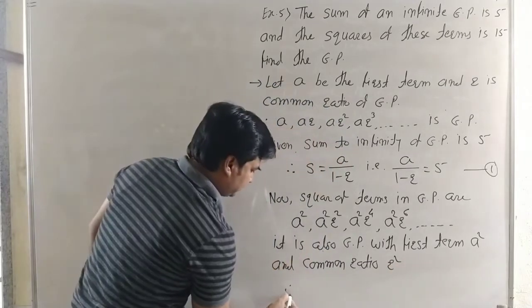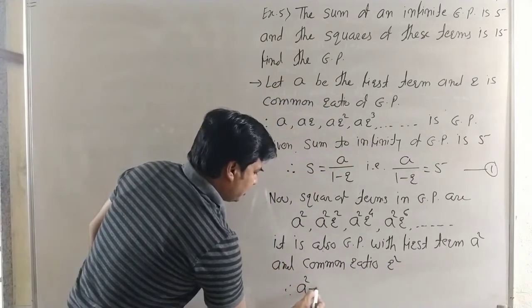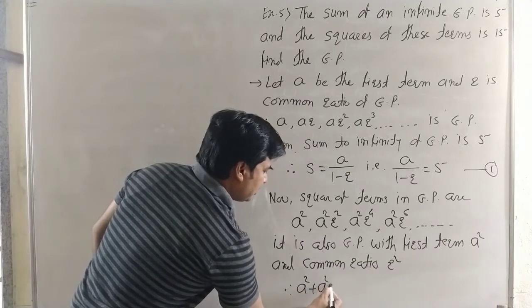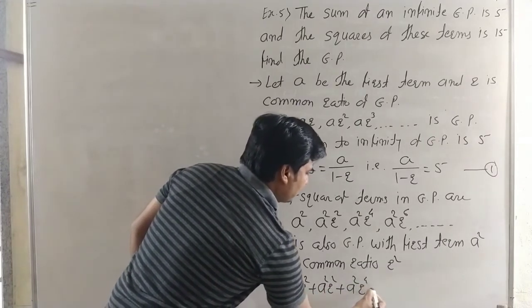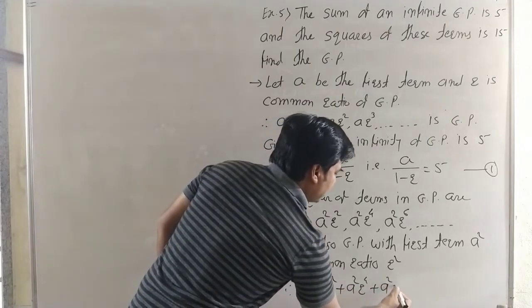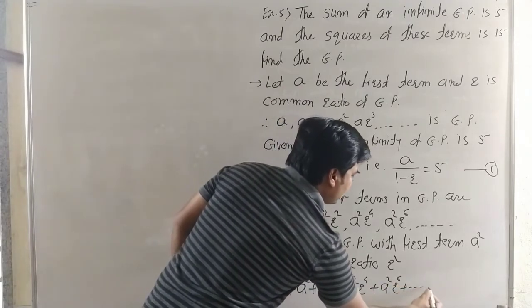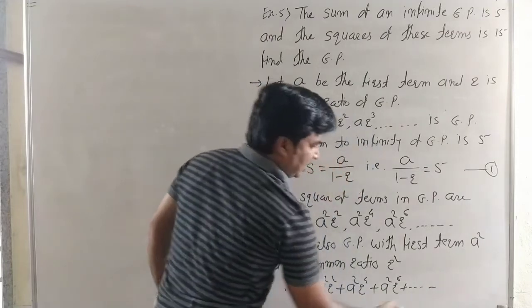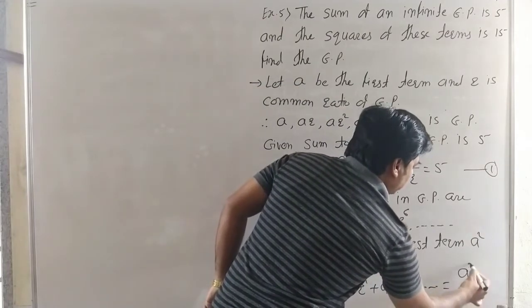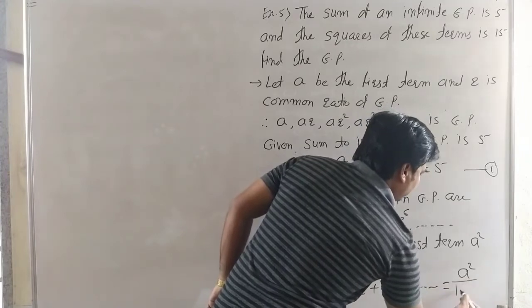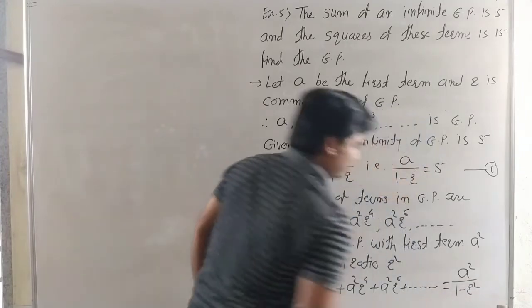And therefore here a square plus a square r square plus a square r to the power 4 plus a square r to the power 6 plus and so on up to infinity is a square upon 1 minus r square.